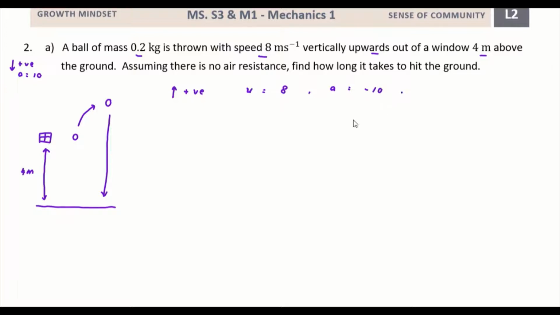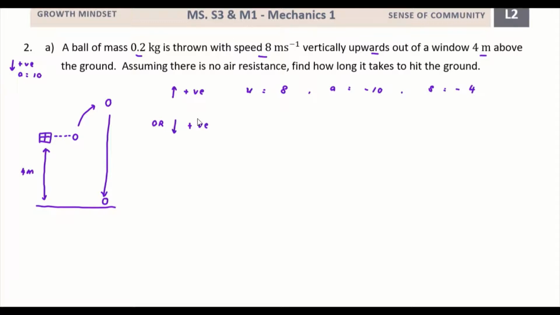Another piece of information we can use is the displacement, which is the change of the object with respect to the original position, where it was thrown from the window. Going up is positive, so when the ball is on the ground the displacement is negative 4. That's the first set if we take going up as positive. The other way, if going down is positive, you can do either one, depends on which you prefer.